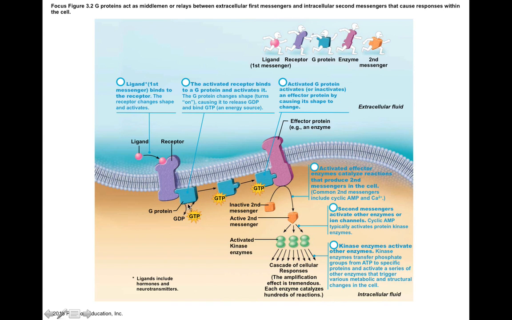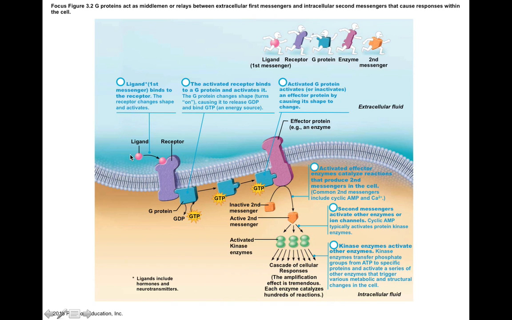Now, these G proteins are activated once the ligand binds a receptor. It allows for the phosphorylation of GTP onto this G protein, and this activated G protein moves over towards another enzyme called adenylate cyclase. Now, this adenylate cyclase enzyme is something that helps to convert ATP into cyclic AMP, and this cyclic AMP is what we call a second messenger.